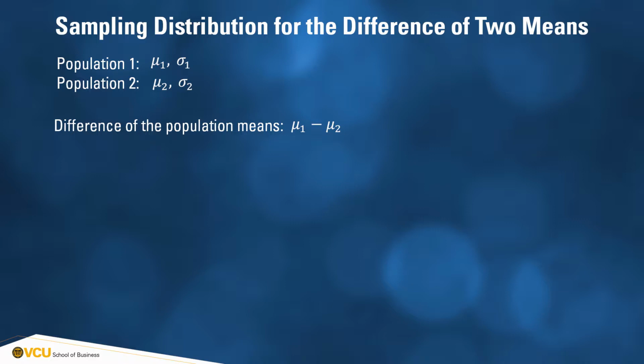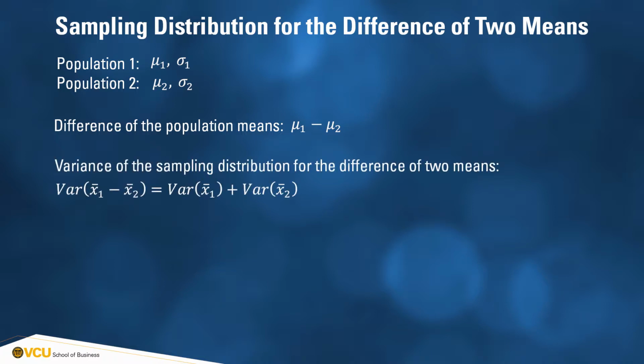In Lesson 2, we also learned that when two random variables are independent from each other, then the variance of their sum, or difference, is always expressed as the sum, and never the difference, of the respective variances. In our case, because the two samples are drawn from two independent populations, we can write the variance for the sampling distribution of the difference of two means as the sum of the variances for the sampling distribution of each mean.